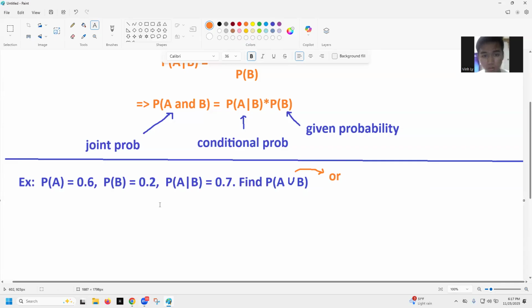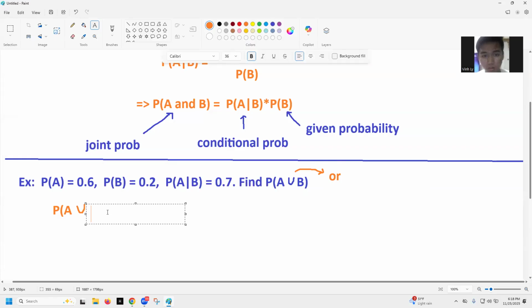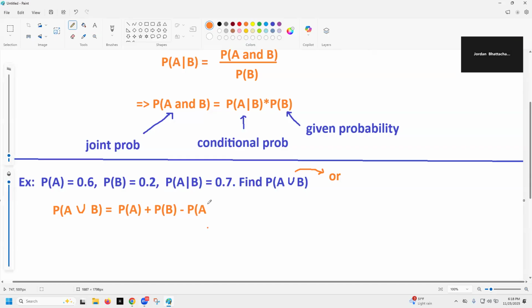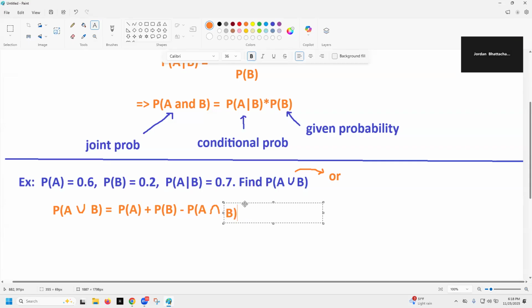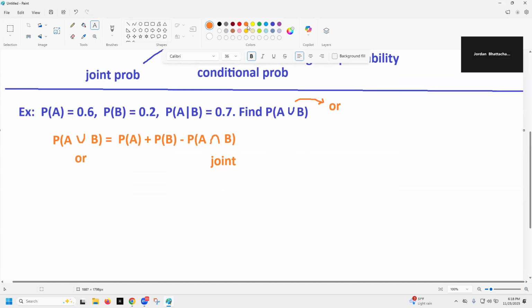So A or B is simply, we know the fact that the P of A or B is equivalent to P of A plus P of B minus P of A and B. So remember that the OR is going to be the sum of 2, and we subtract the joint. So now we just have to plug that in, right?